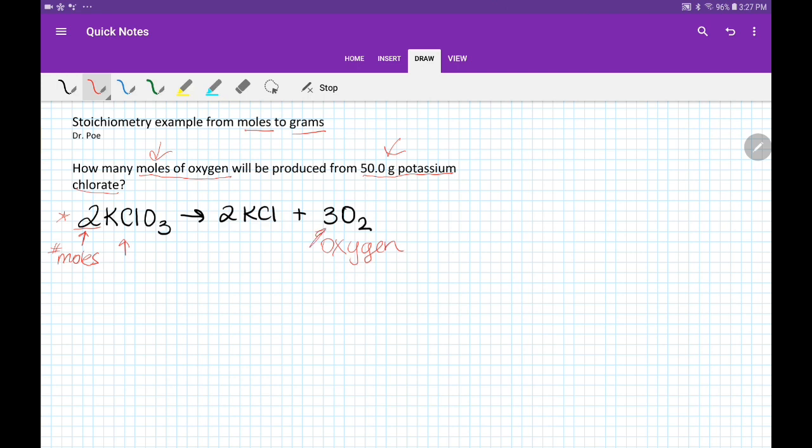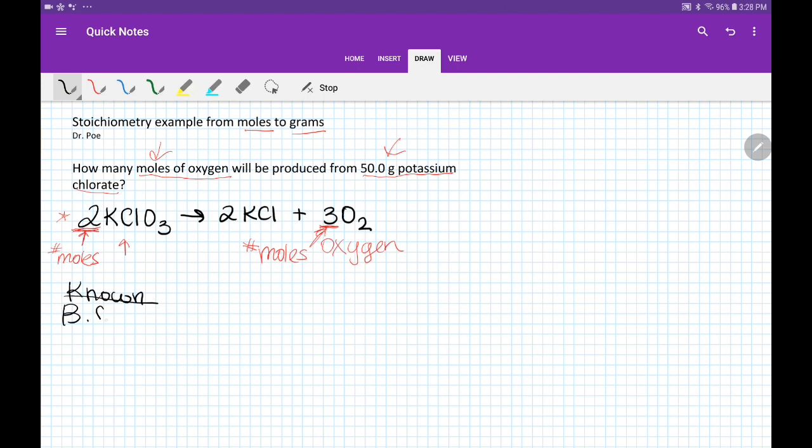So we're going to be focused on this 3 and this 2. This is going to relate these 2 different chemicals together. We've got to get somewhere to use these moles. We've got grams to start with, so let's go ahead and start with that. Actually, let's start by listing our knowns. What do we know?